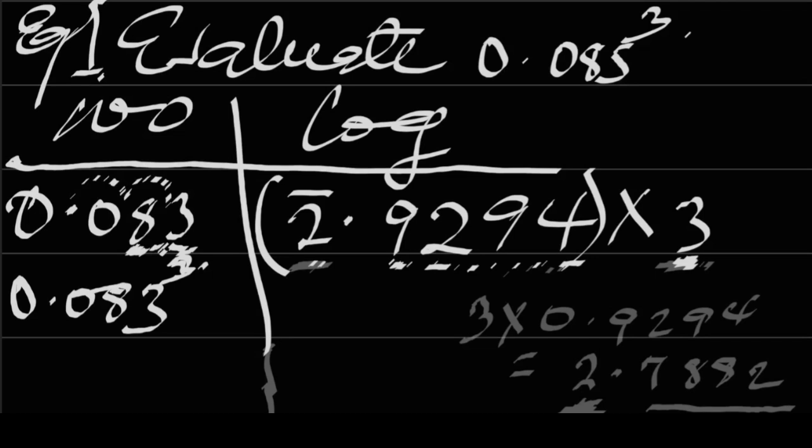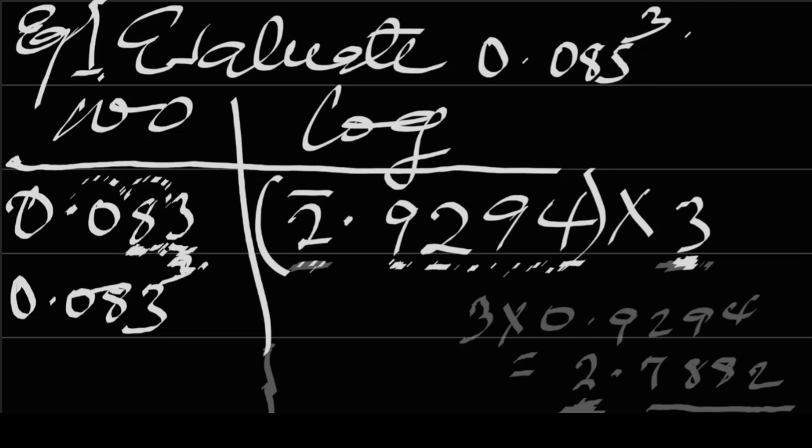And by the time we multiply this 3 with this number, if there is any whole number, we'll take the whole number to add it up with what we obtain when we multiply the 3 with this number. Please, let's practicalize this now. Let's do our multiplication. 3 will multiply this number, that is 0.9294.